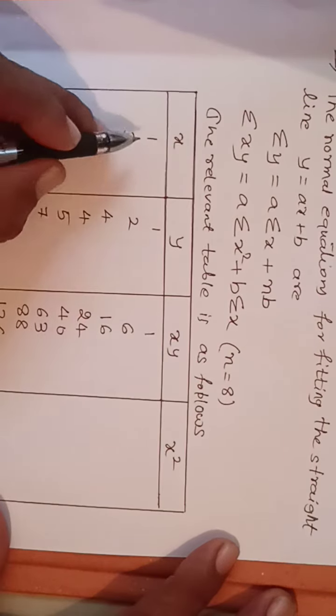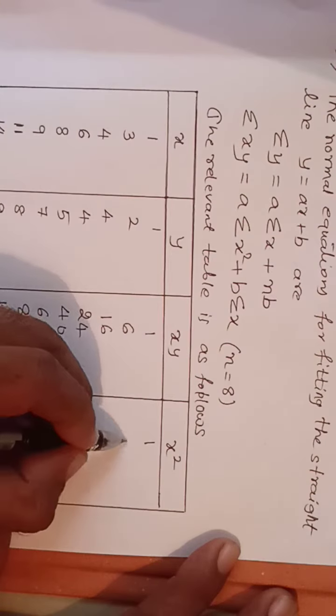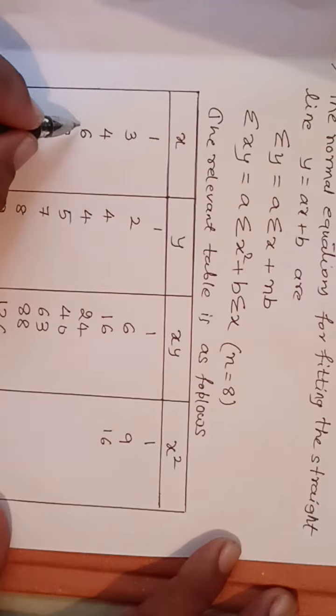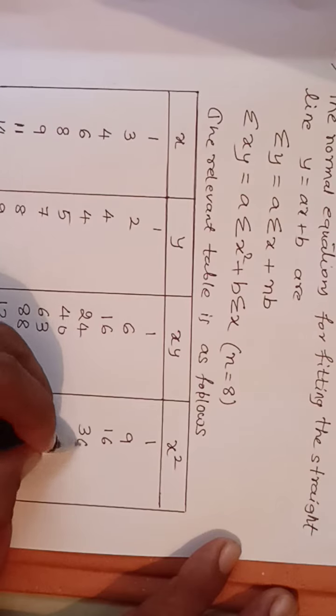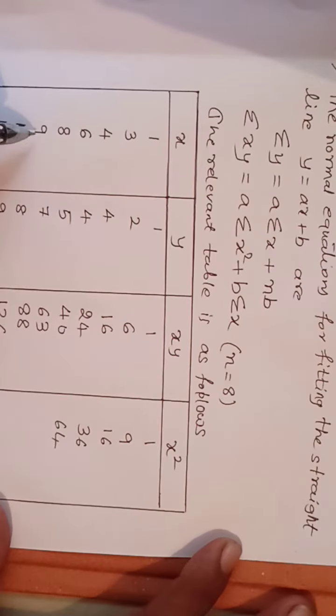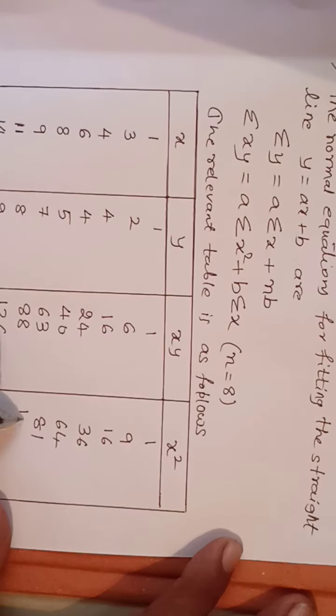Next x square: 1 square is 1, 3 square is 9, 4 square is 16, 6 square is 36, 8 square is 64, 9 square is 81, 11 square is 121 and 14 square is 196.